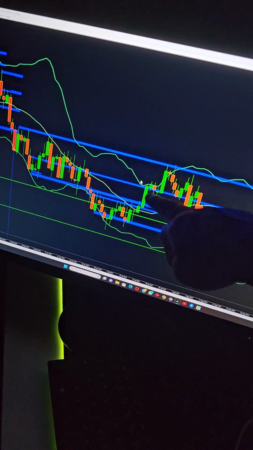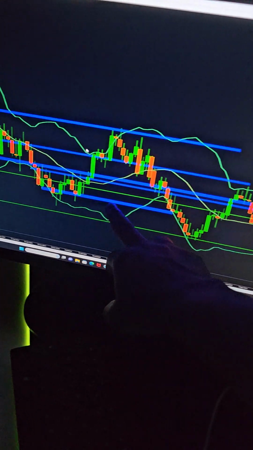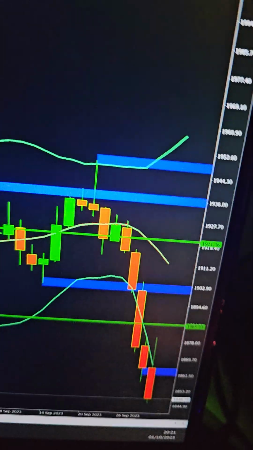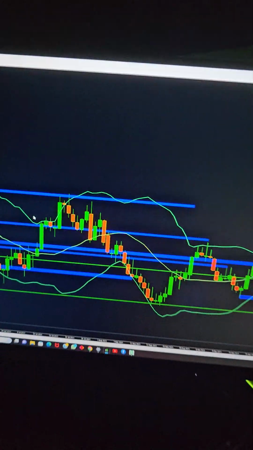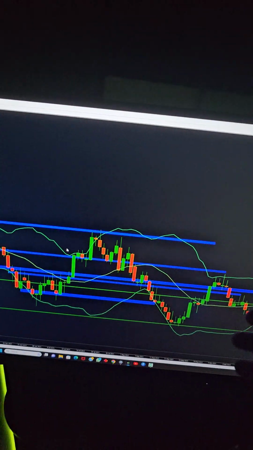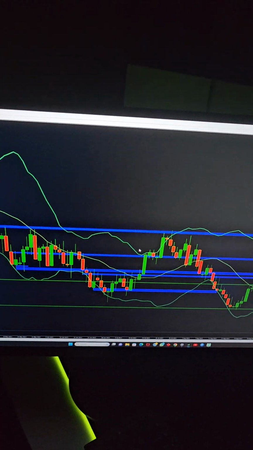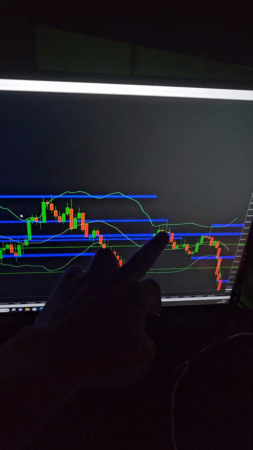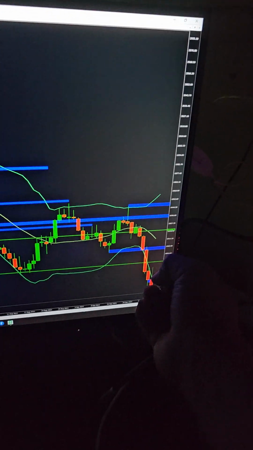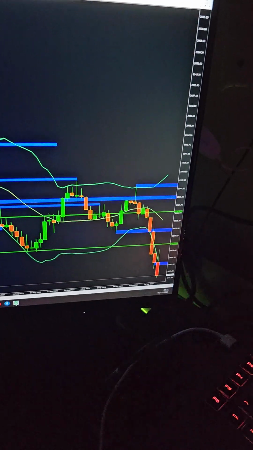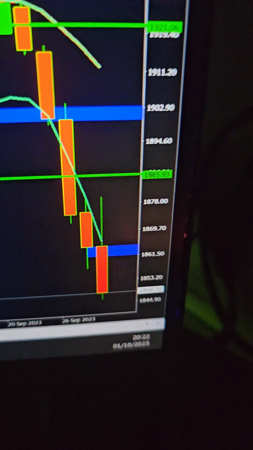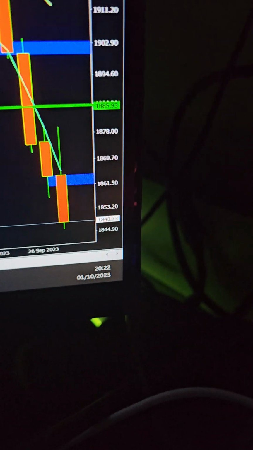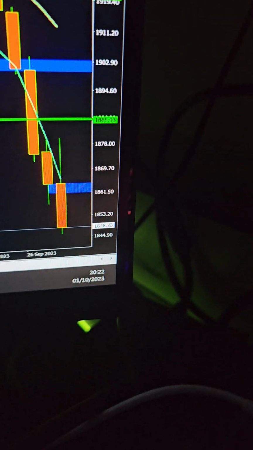Whenever price was coming here, it was going back up. I think it was 1900. Yes, 1900 was holding. It was a very strong support. Every time the market was coming down, it was going back up, coming down and going back up. And then finally, we just broke it. We just broke 1900, and price dropped from 1878 solidly to 1848.